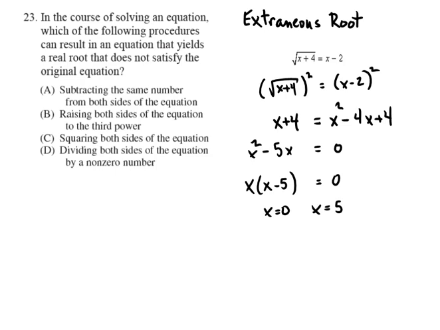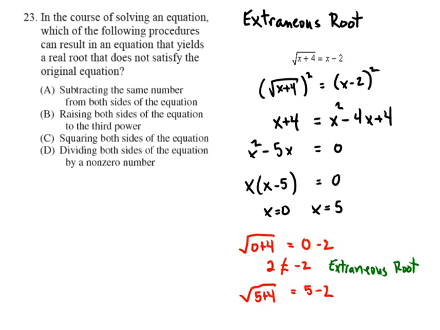But we see that when we go back to the original equation and substitute them in there, substituting x equals 0 into the original equation gives us 2 is equal to negative 2, which cannot be. And so that's an extraneous root.